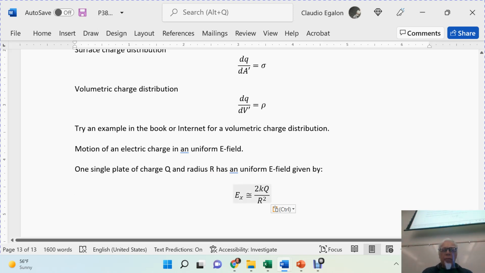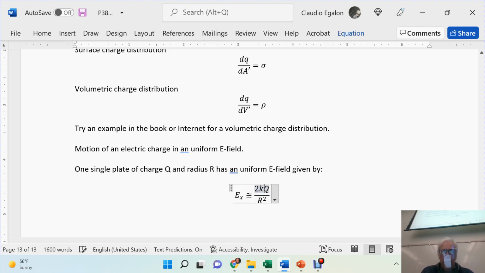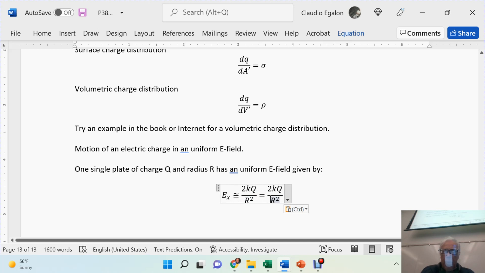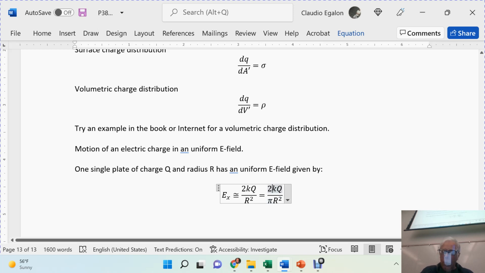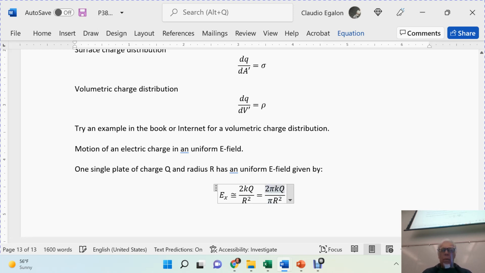This thing can be further simplified, okay, if you write this equation in terms of the area. Okay, don't forget, if we put a pi right in here, we have to multiply by pi as well. There's a reason why we do that.